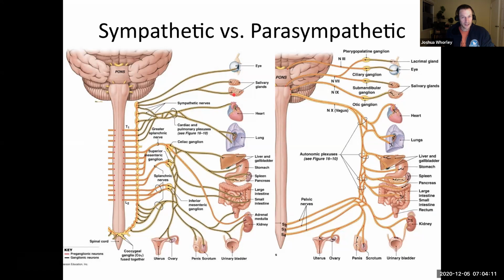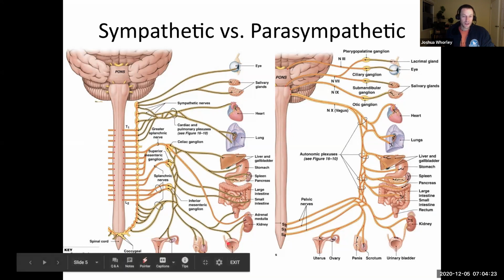So we've got the eye, the salivary glands, heart, lungs, the glands and tissues of the digestive system, like the liver and gallbladder and stomach and pancreas, and then of the reproductive system and of the excretory system, both the urinary system as well as part of the end of the digestive tube, right?